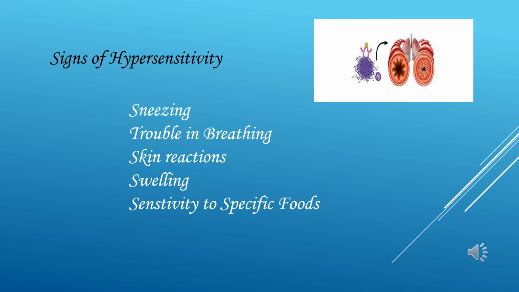And swelling of the deeper layers of the skin, caused by a buildup of fluid, is also called angioedema. So, lastly, when there is a sensitivity to specific food, which might lead to stomach pain and vomiting, these are also termed signs of allergic reactions.